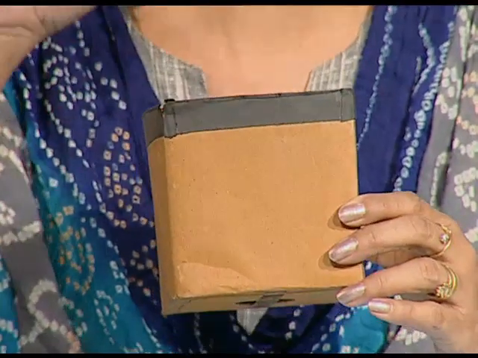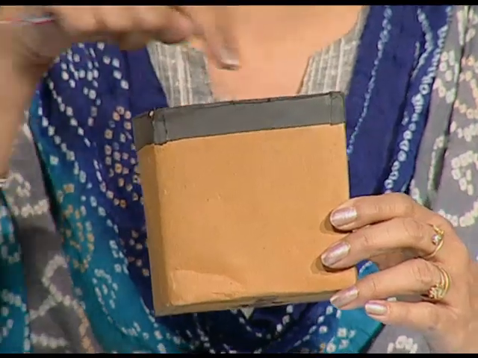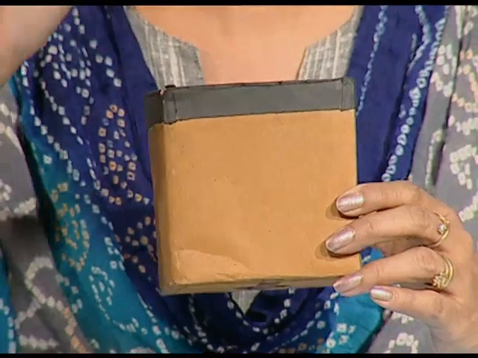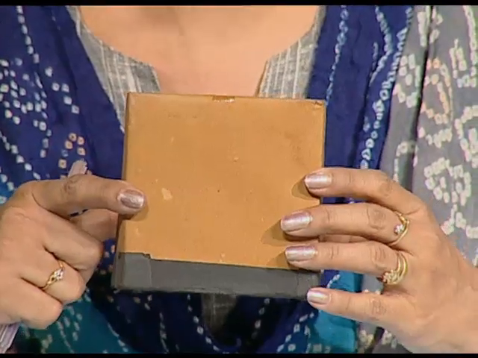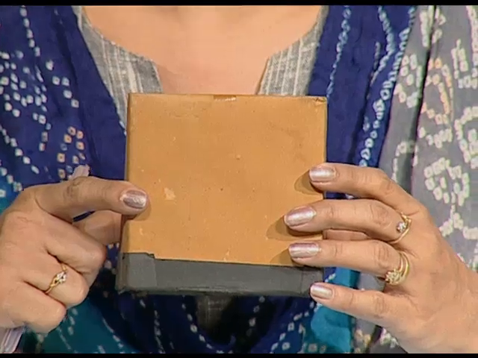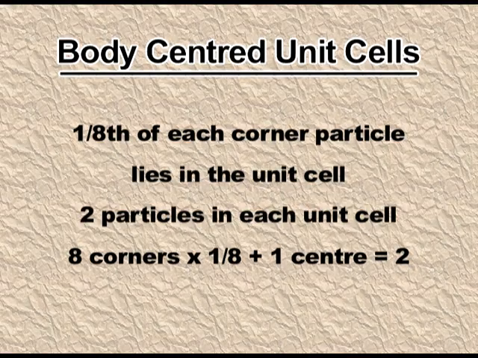This one which is inside this body is not shared by anyone, is only of this unit cell, that one atom, plus the atoms which are present at the corners will contribute only 1/8. So 8 corners into 1/8 is equal to 1, plus this one. So 1 plus 1 is equal to 2. So the total number of atoms in a BCC type unit cell is 2.